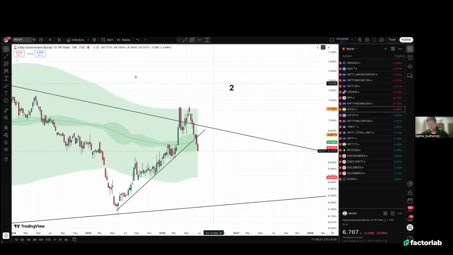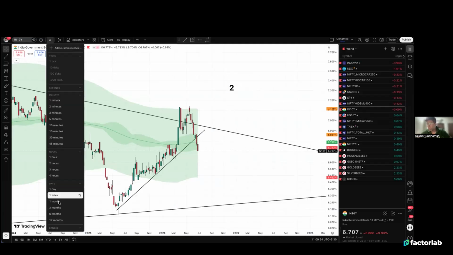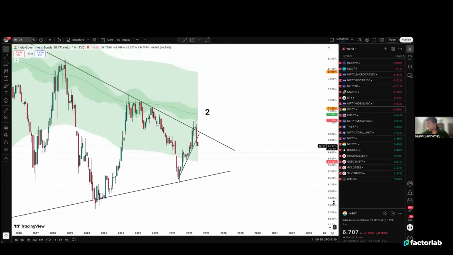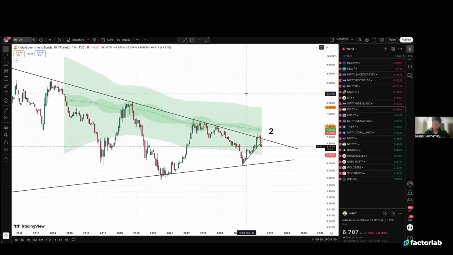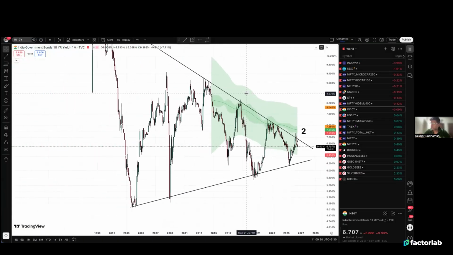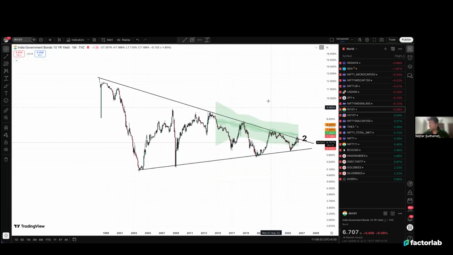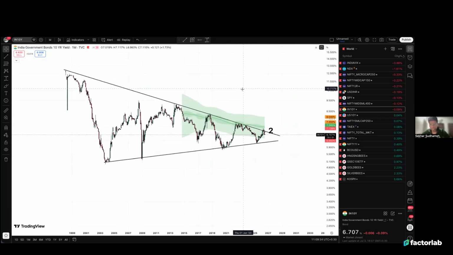If you look at the longer term picture, the Indian 10-year yields were decreasing over the last 20 to 25 years. If interest rates decrease, that gives investors an opportunity to take risk and invest in riskier asset classes like equities or anything else.